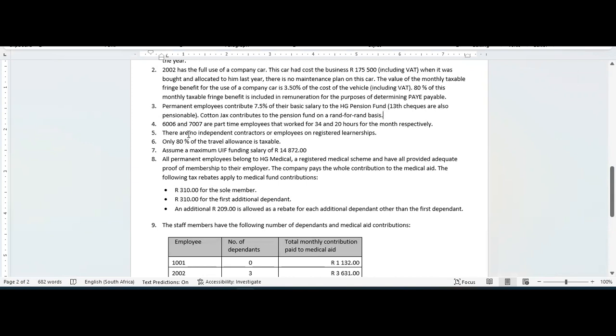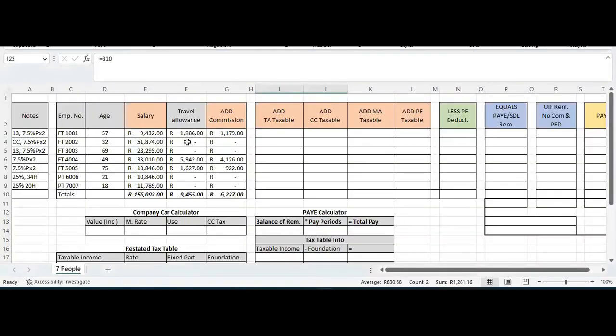Okay. Then it says here 6006 and 7007 are part-time employees that worked for 34 and 20 hours in the month respectively. Now, when I go to my answer here, in my employee number column, I actually already indicated to you that these are full-time workers, FT, FT, FT, FT, and these two are part-time workers, the 21-year-old and the 18-year-old.